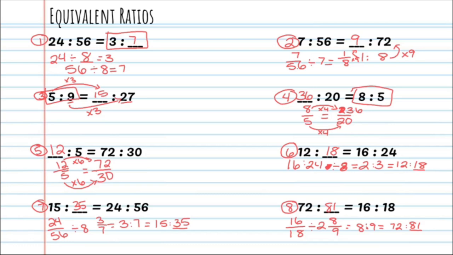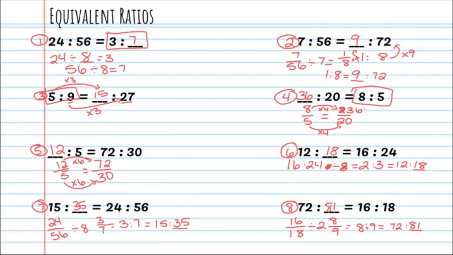Up here we had our 7 to 56, variable divisible by 7, and we wound up with 1/8. 1/8, or our 1 to 8 ratio, would be our simplest form of that. And then we took it the next step with our 1 to 8 ratio is equal to something to 72. Knowing that 8 times 9 gives us 72, we would multiply 1 times 9 to get that 9 here.